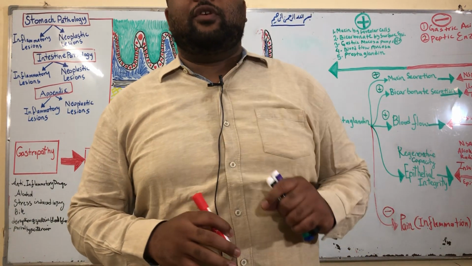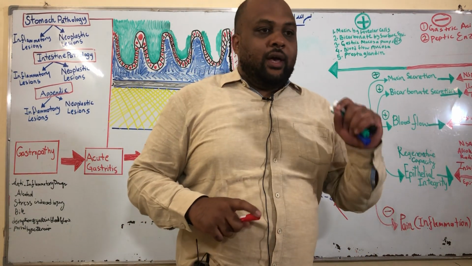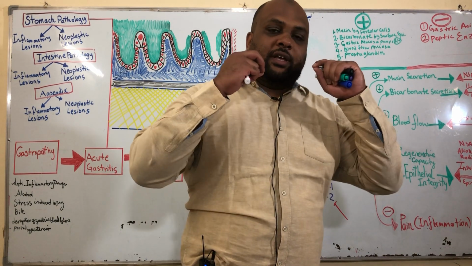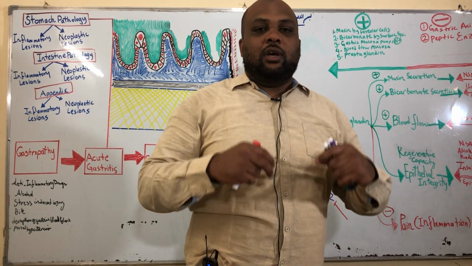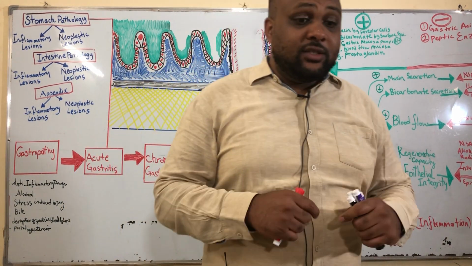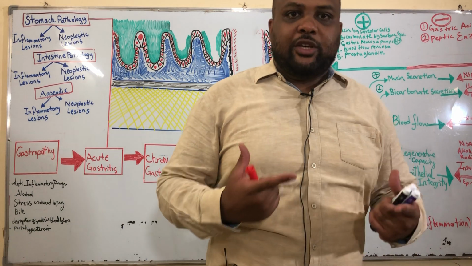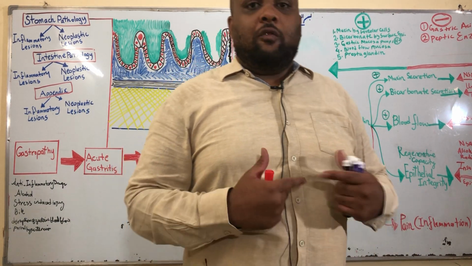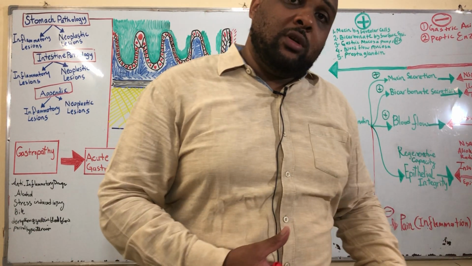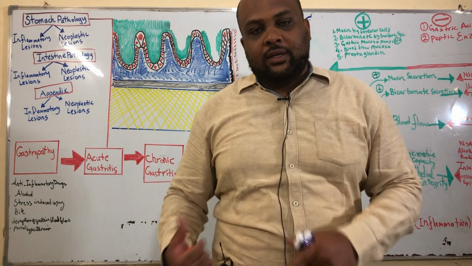And that will make it very easy for us to understand how the problem of the inflammatory lesion causing this disease, gastritis. And as it ends with itis, it's an inflammation. So an inflammation of the stomach. And every inflammation is either acute or chronic.